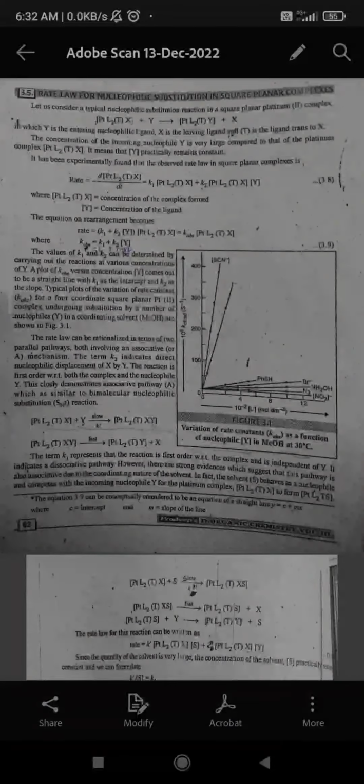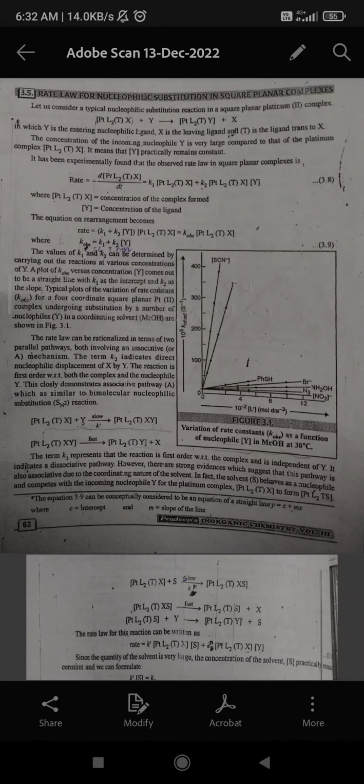It has been experimentally found that the observed rate law in square planar complexes is: rate equals minus d by dt of [PtL2TX] equals k1 [PtL2TX] plus k2 [PtL2TX][Y], where [PtL2TX] is the concentration of the complex and [Y] is the concentration of the ligand.